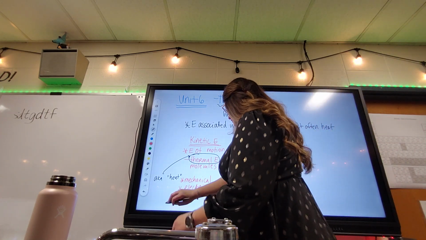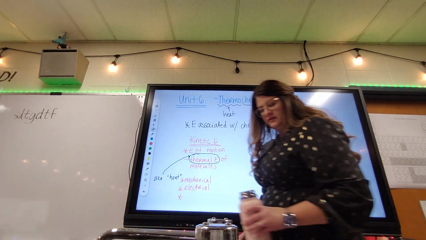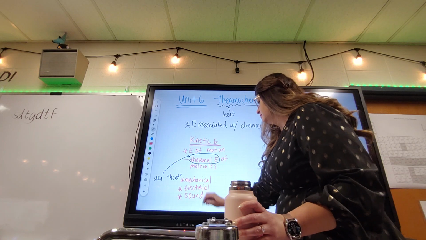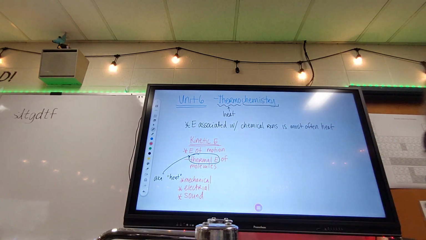And then another form of energy that we don't often think about is sound. Sound is, remember, actually a wave. Because a wave moves the particles in the medium that it's traveling through, that motion indicates that it's a kinetic form of energy.